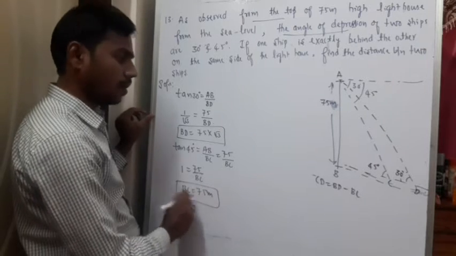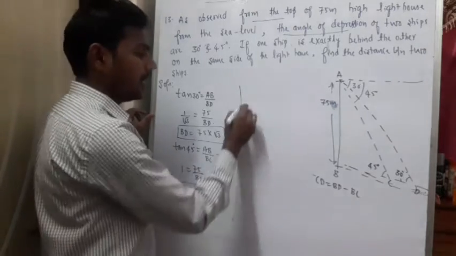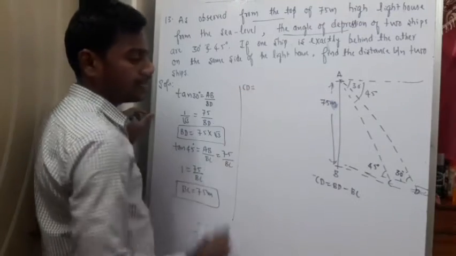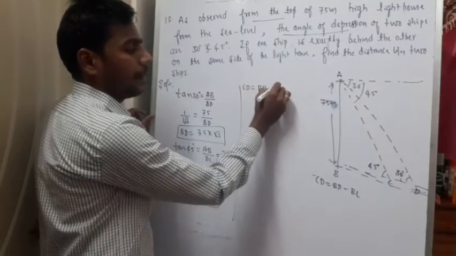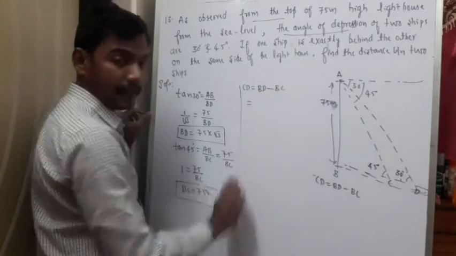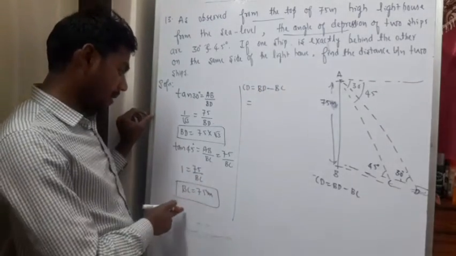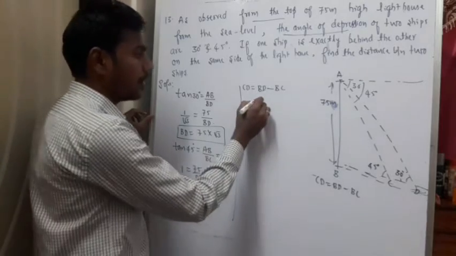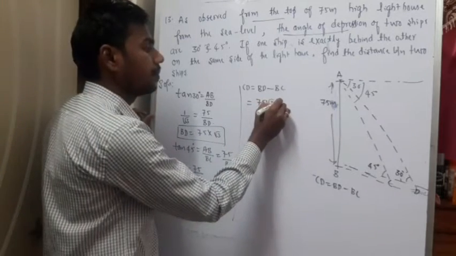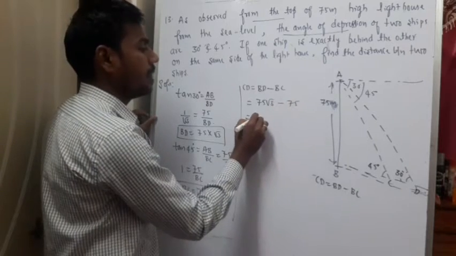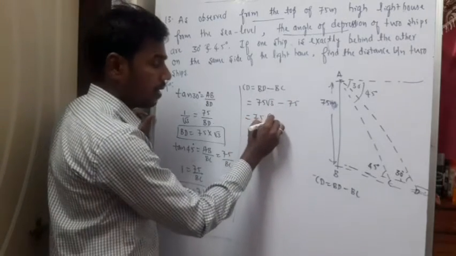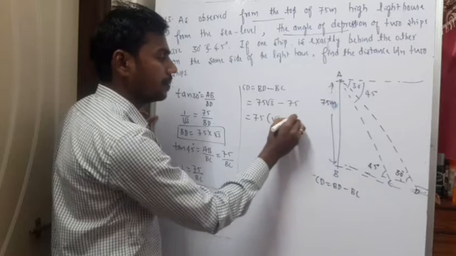Now, CD is equal to BD minus BC. What is BD? BD is nothing but 75 root 3, minus BC, which is nothing but 75. So if I take 75 as common, then it will be root 3 minus 1.